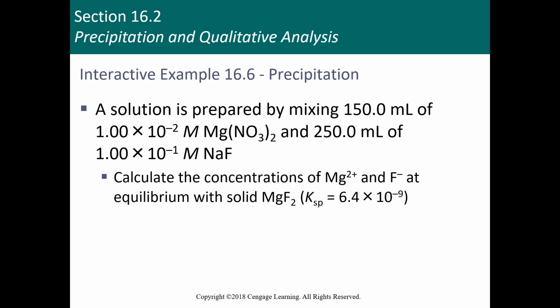So a solution is prepared by mixing 150 milliliters of this and 250 milliliters of this. Calculate the concentrations of Mg2+ and F- at equilibrium with solid MgF2. Our KSP for this salt is 6.4 times 10 to the negative 9th. Notice, by the way, that I am always going to be giving you strong electrolytes here in General Chemistry 2, because it is not a General Chemistry 2 problem if I do not.